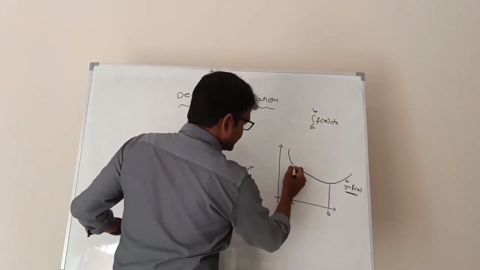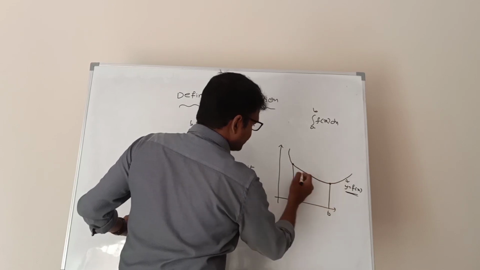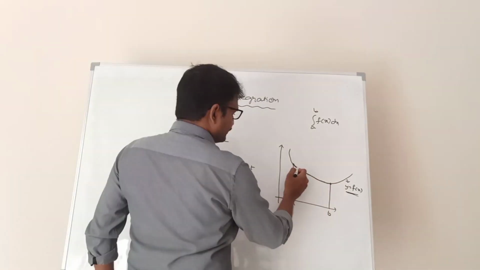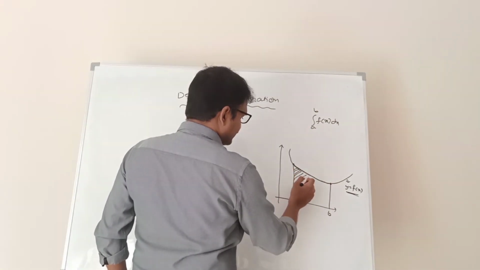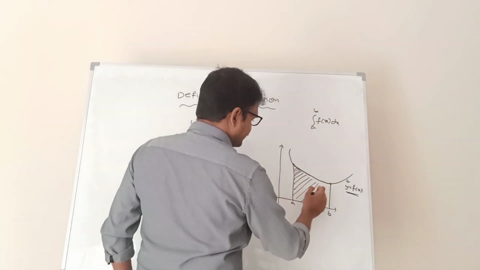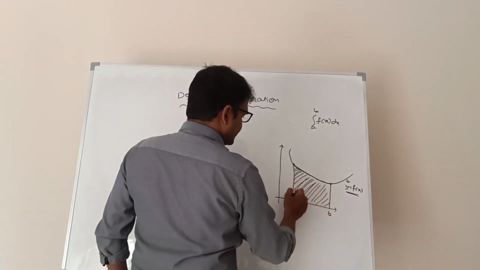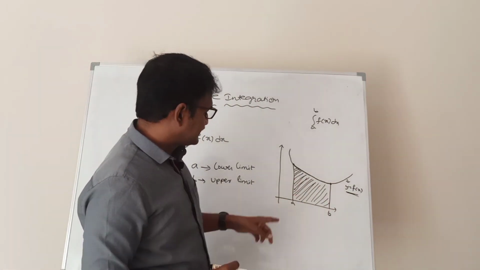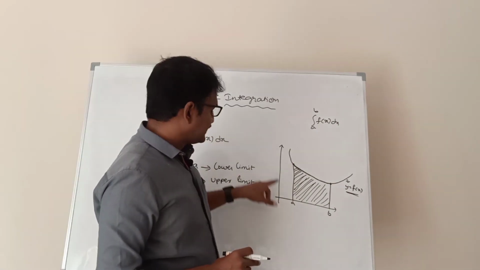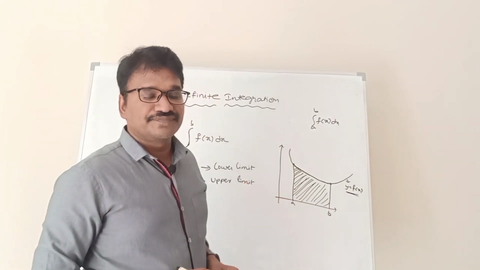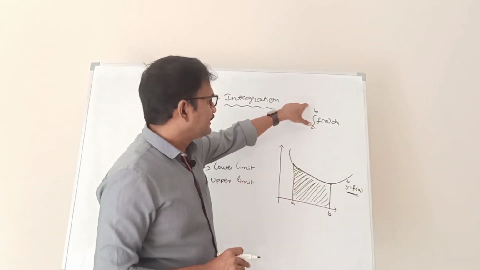From a to b this is a continuous function, there is no break. So to find the area from a to b, we use the concept of definite integration. It is called finite because you are finding the area between a and b, so you will get some finite value.